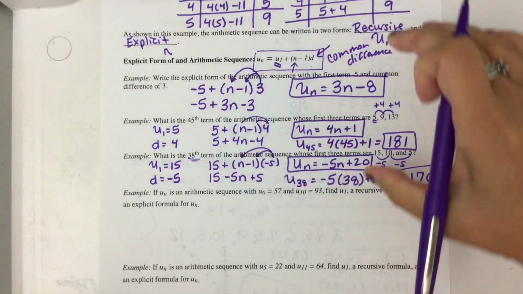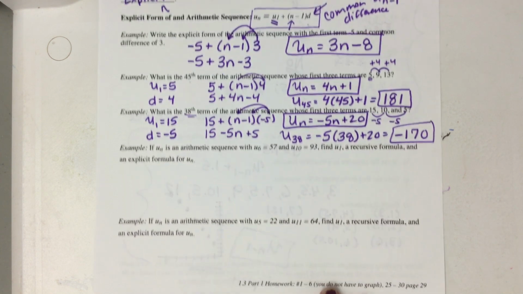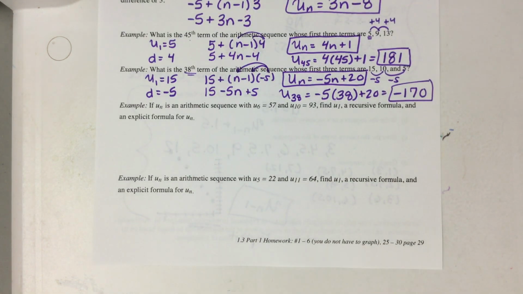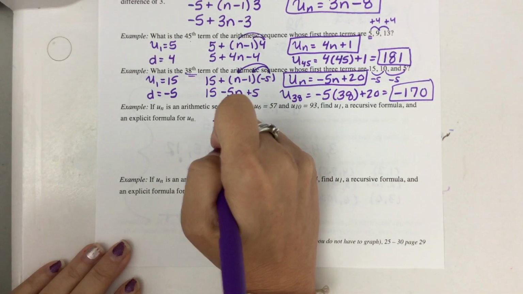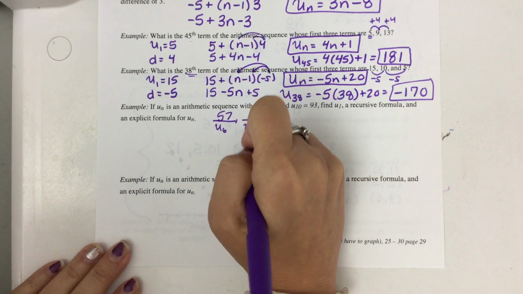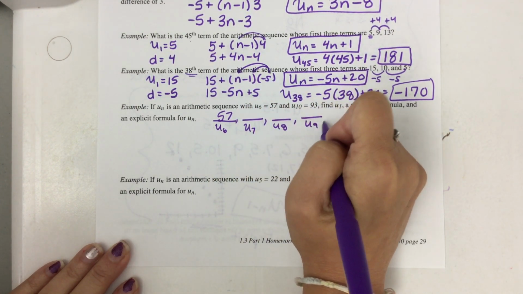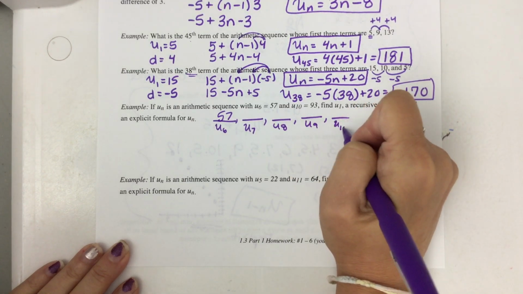Okay, so here's a general idea for an explicit formula. However, there might be scenarios where you do not know the first term. We have to figure out a way that we could still create an explicit formula or a recursive formula. So what they're telling us here is the 6th term is 57, and the 10th term is 93. We do not know the 7th, 8th, or 9th, but we know the 10th.